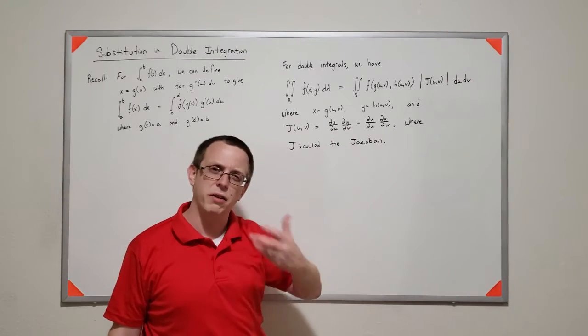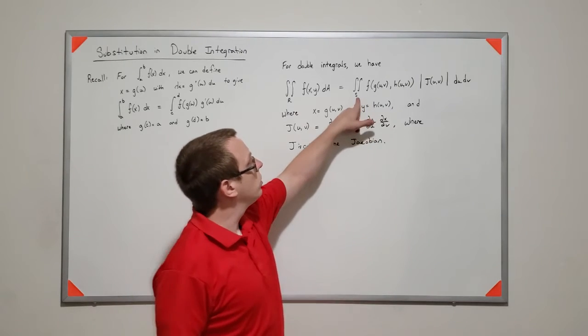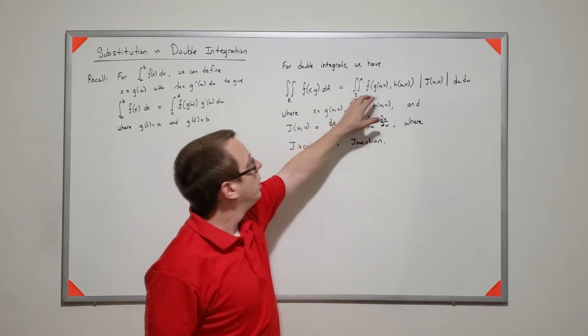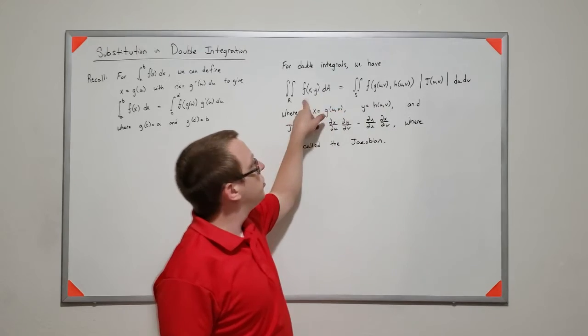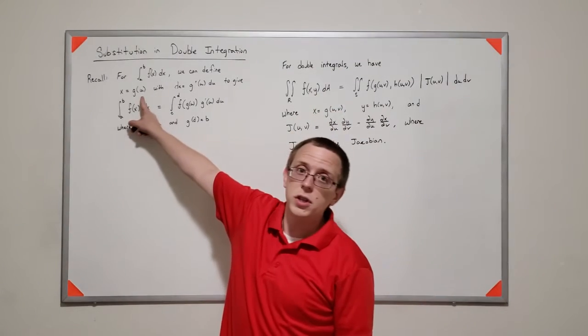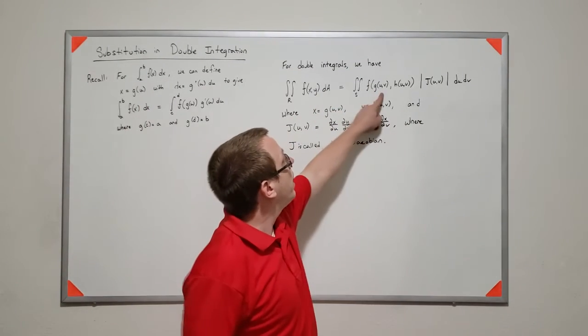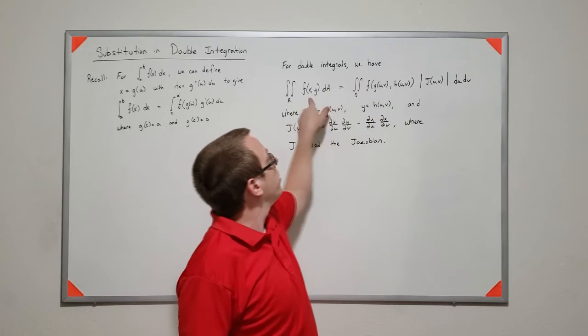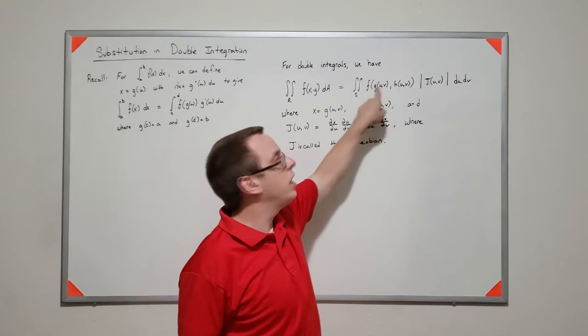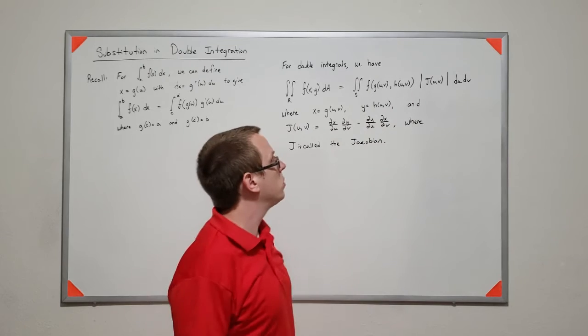Domain's not really the right word, but think of it as limits of integration. Similarly, we change the region, and instead of substituting in a function of a single variable, we now have two functions because we have two variables, and each of them are functions of multiple variables.